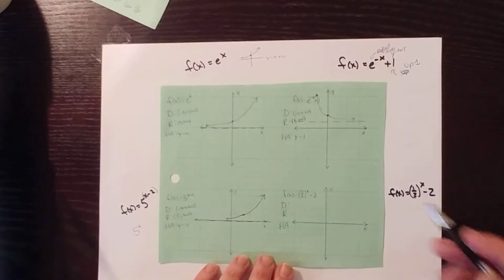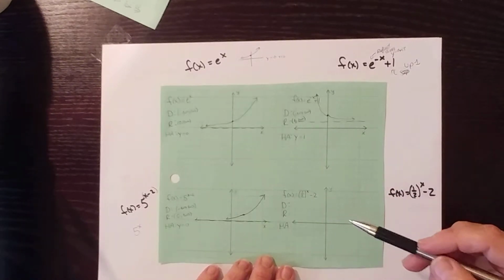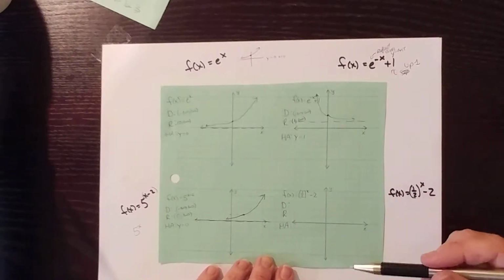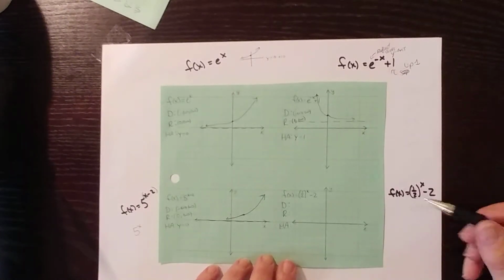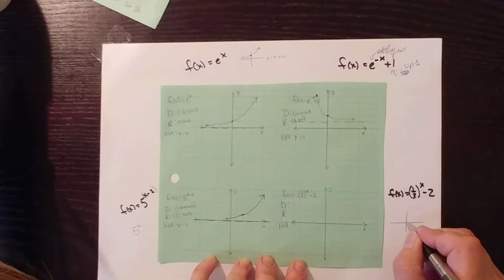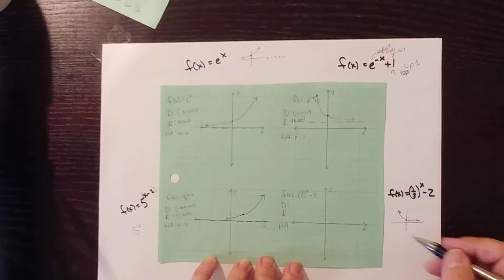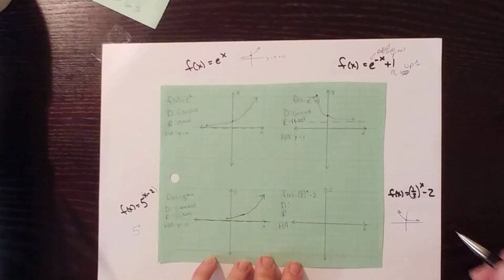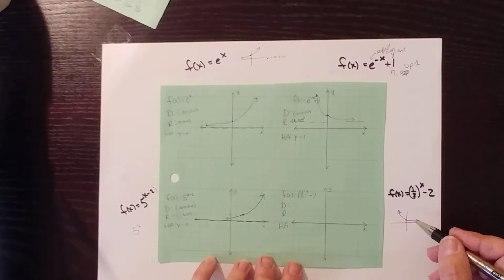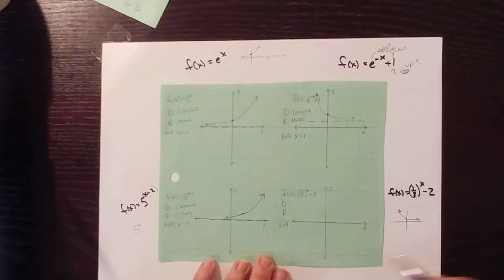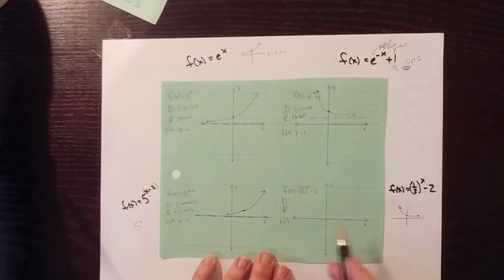Okay, over here, f of x is equal to 1/2 raised to the x minus 2. The base here is between 0 and 1. So this basic graph looks different. This is what it looks like. If you remember from the last video, this is the decreasing exponential function. That's what that basic graph 1/2 to the x would look like. But it's this graph shifted down 2 places. So that means the horizontal asymptote, which would normally be here, gets shifted down 1, 2 places. So it falls down here. That's our new horizontal asymptote.